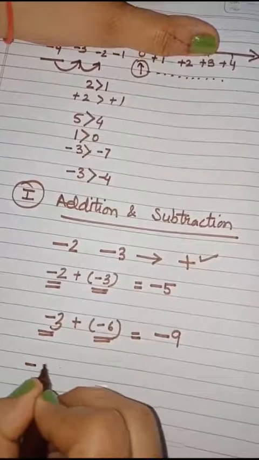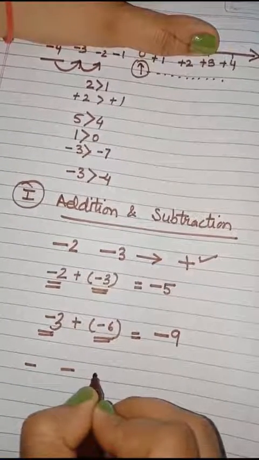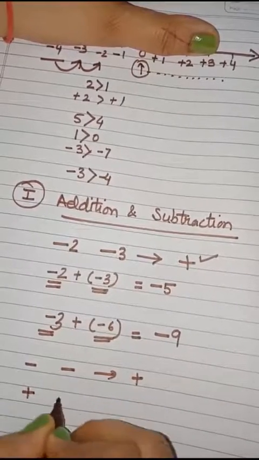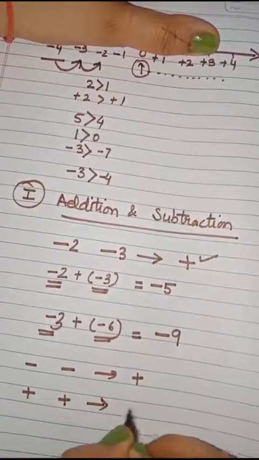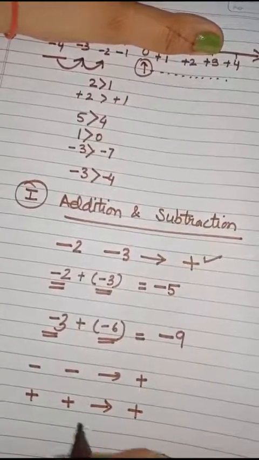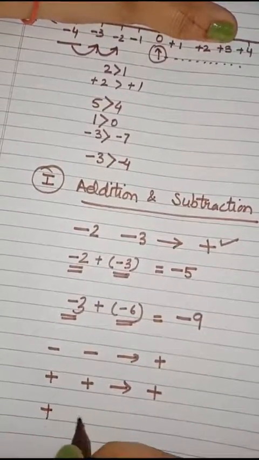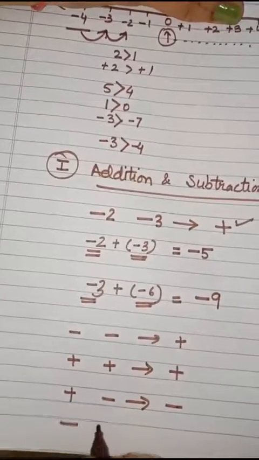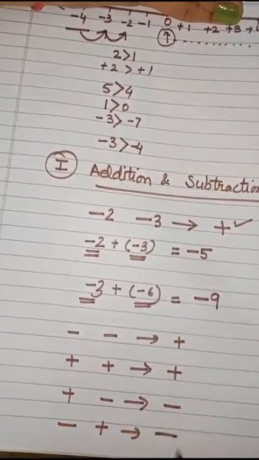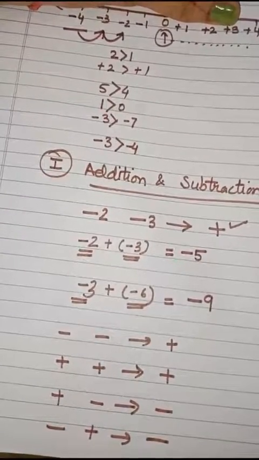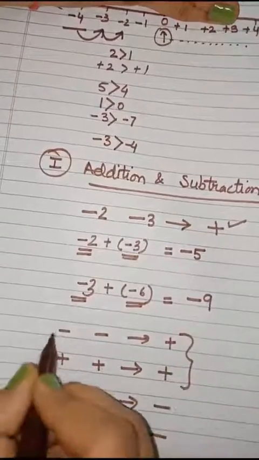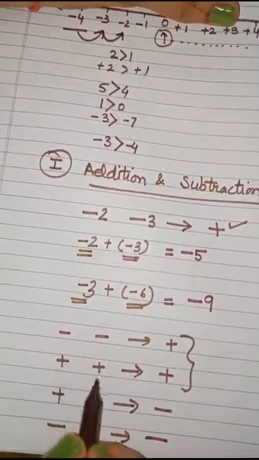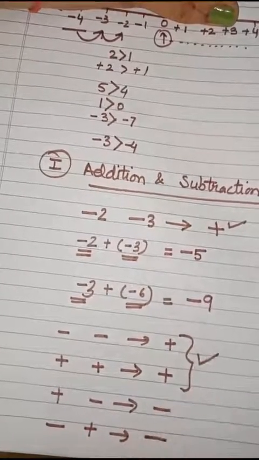Likewise, if we have plus plus, we will do plus. If we have two positive numbers, the operation would be addition. If we have one positive and one negative, it will be minus, and minus plus will be negative. We can recall it like this: same signs. If two numbers have the same sign, then we will perform addition.